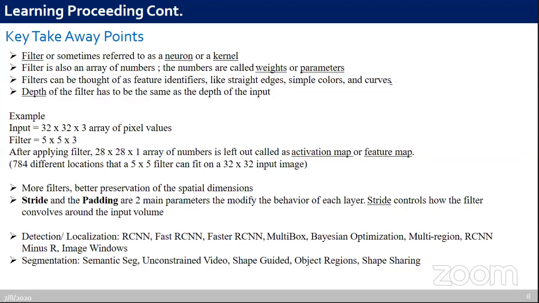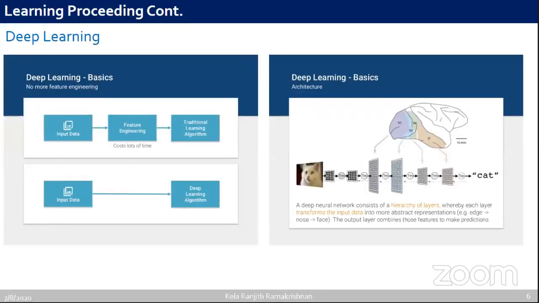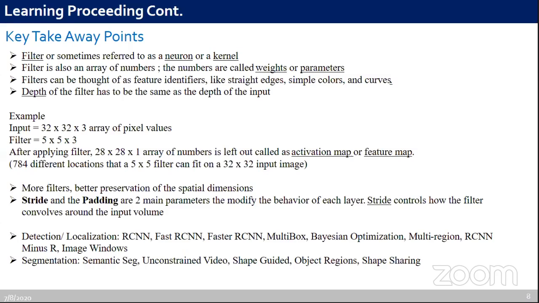What a filter will have is something called weights. How does it help us? If you give a cat image, I just want to find the edges. That means I want to find the pixel points which can be connected as edges. So there is a filter requirement for it. The filter will have a set of weights. Now, the filter as such can be called a feature identifier.